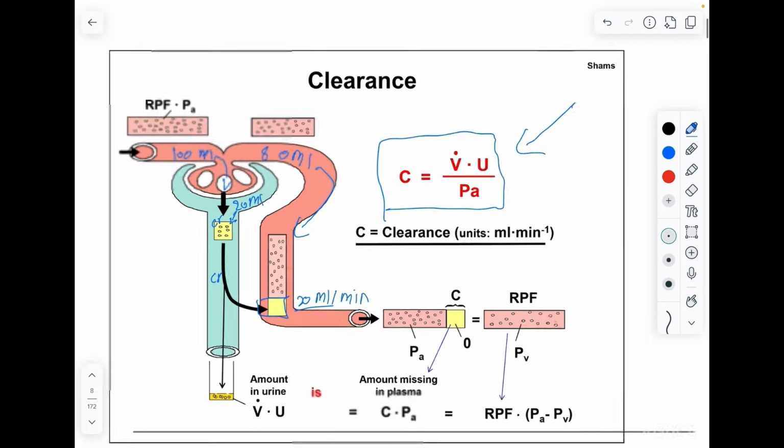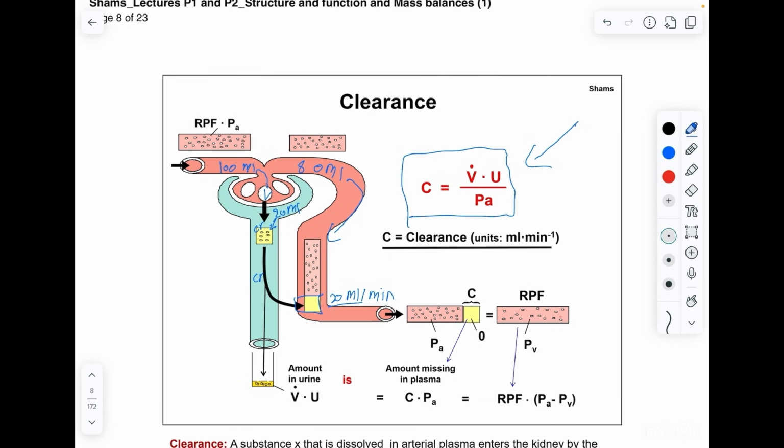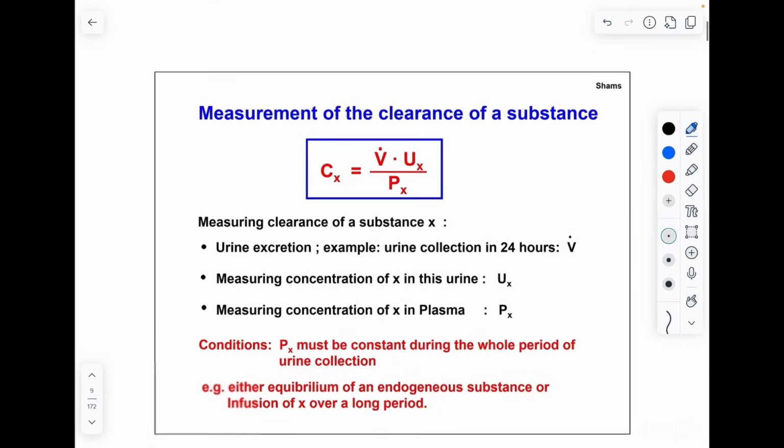I hope that makes sense. So this is what clearance is, because you might get a question that's not asking to calculate the clearance, but rather which of the following could be a definition for clearance. So you should understand what clearance is.